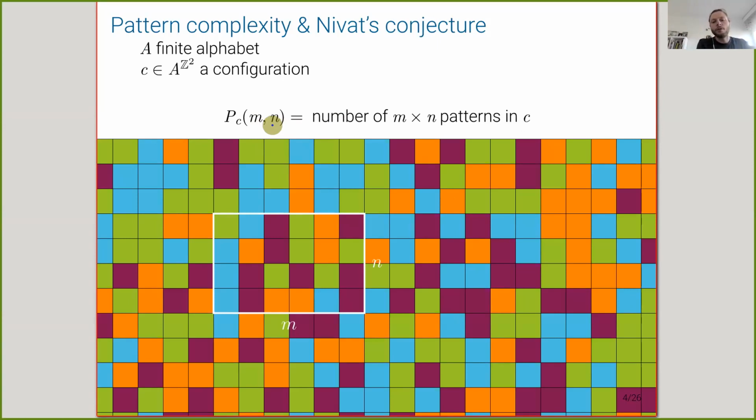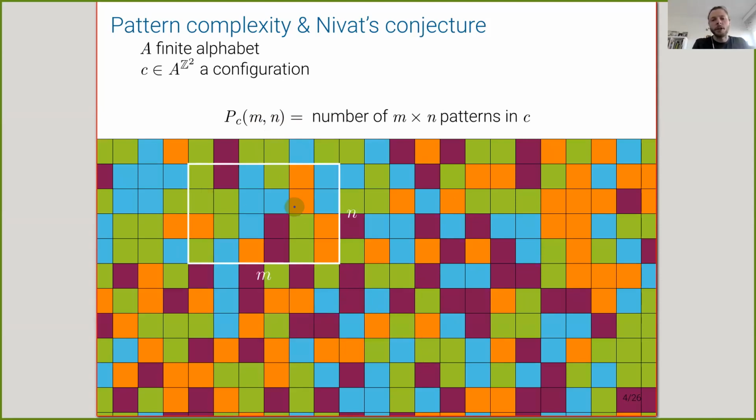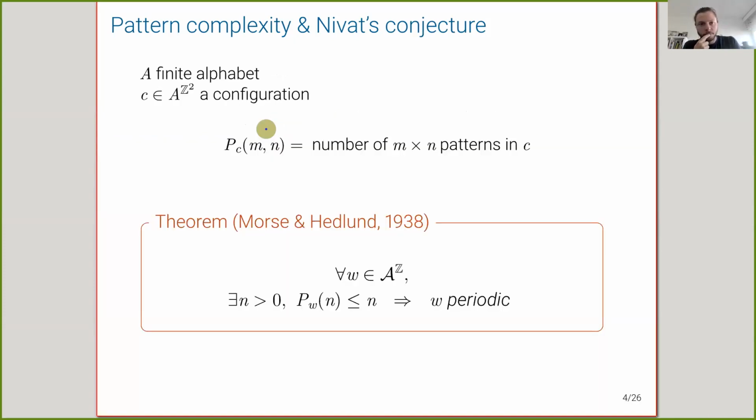So you slide over your configuration a window of size m by n, and you count how many different patterns you observe, and that makes the pattern complexity of the configuration. So in dimension one, you consider a one-dimensional configuration, a coloring of Z instead of Z2.